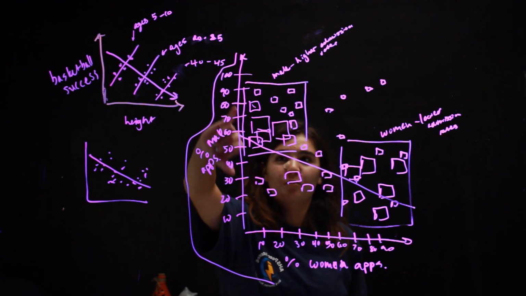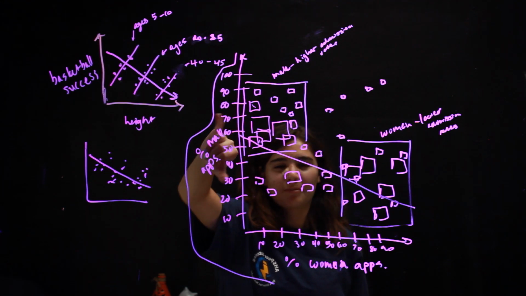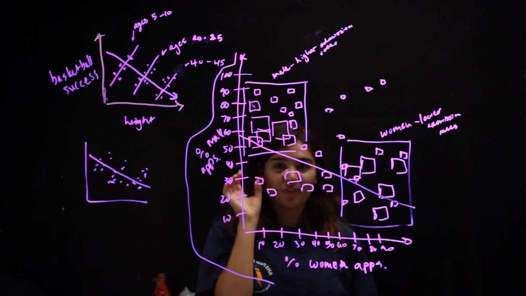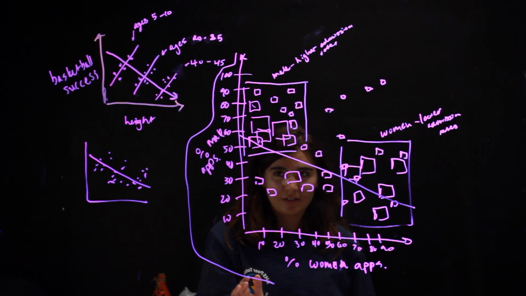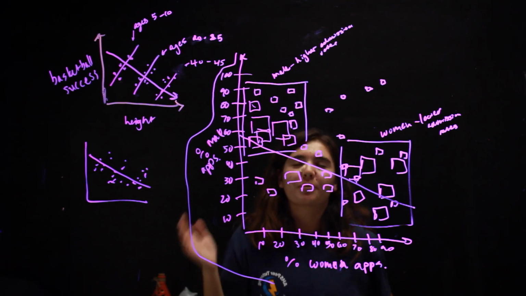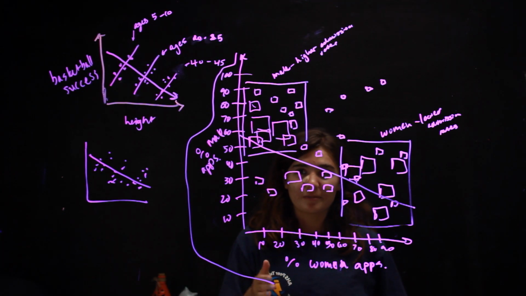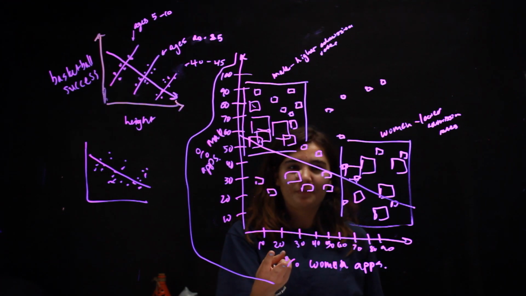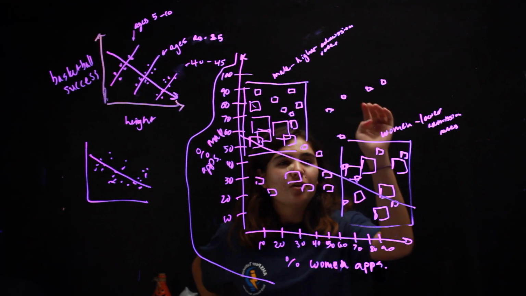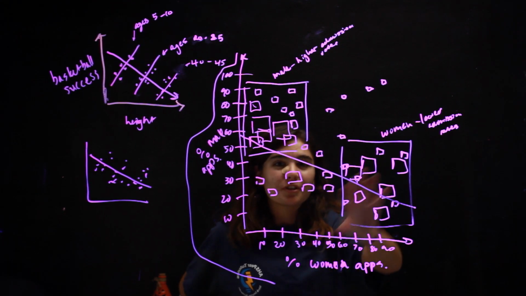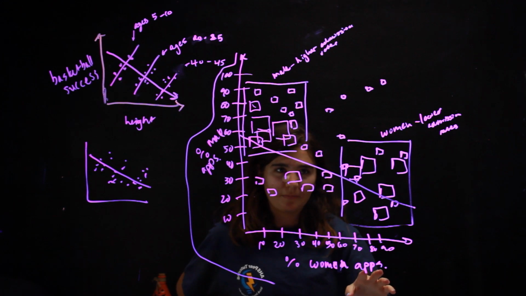So over 50% male applicants, less than 50% women applicants, and they have higher admission rates. So that means more males are going to be let in because more males are applying and more people are being let in in general. That makes sense. And over here, this box has lower admission rates, but there's more women applying to them.